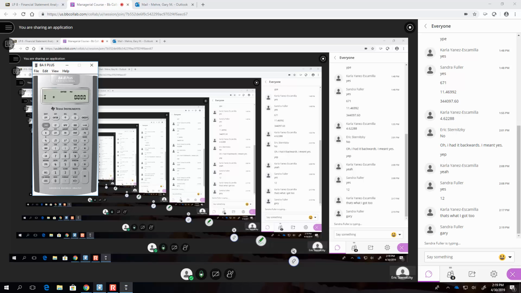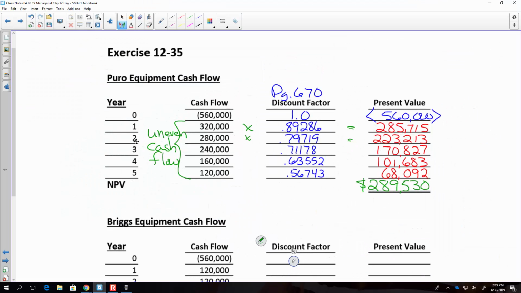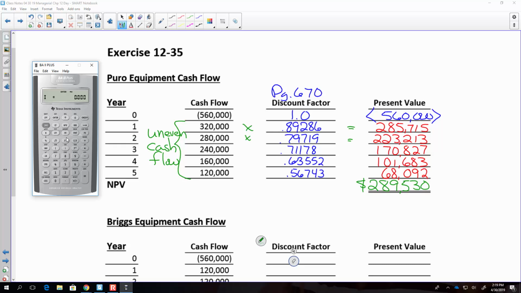Yeah, Sandy? Cash flow 2 is this year 2 amount, 280,000. So if I down arrow to cash flow 2, it should be 280, which is this number here, the second year.